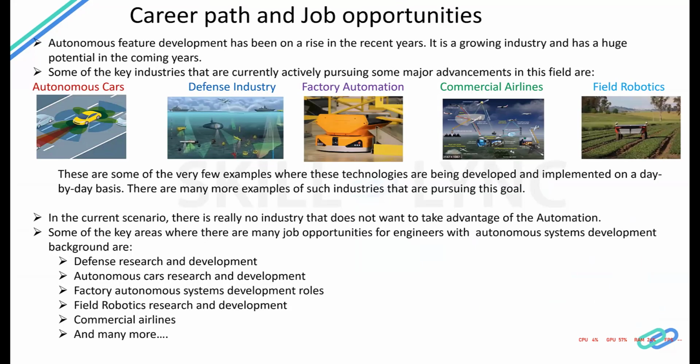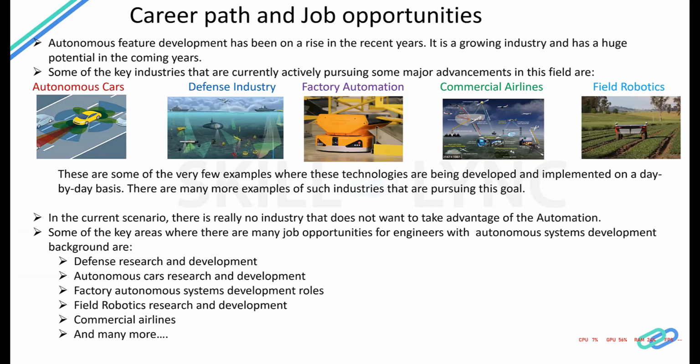Okay, let's talk very briefly about the career paths that you have. Think of any system, whether it's cars, farming, airplanes, underwater vehicles, a factory environment or a home environment. You can take any example, and you will always find one example for a robotic system.